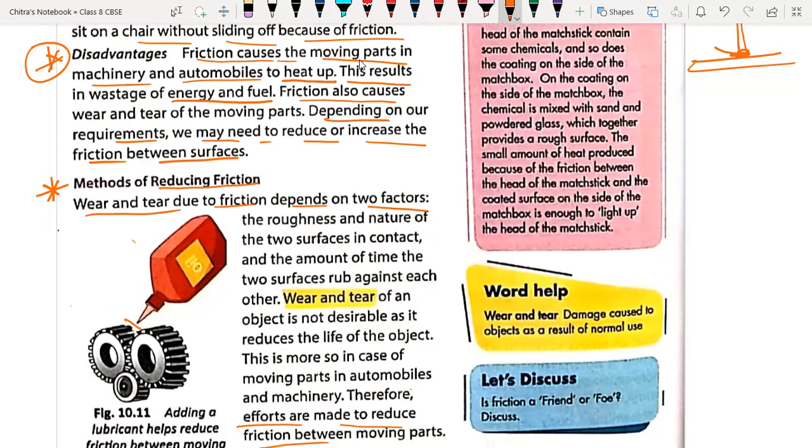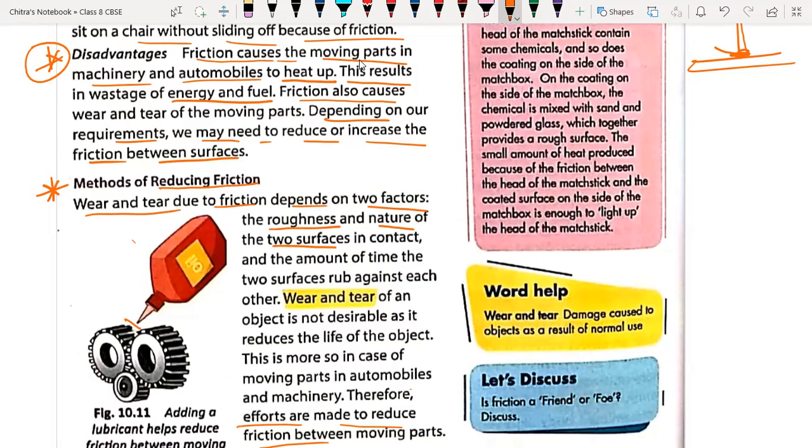What is the main cause? It is nothing but the roughness and the nature of the two surfaces. If the object is rough, there will be more friction. If it is smooth, there will be less friction.